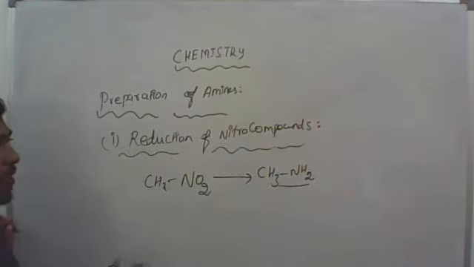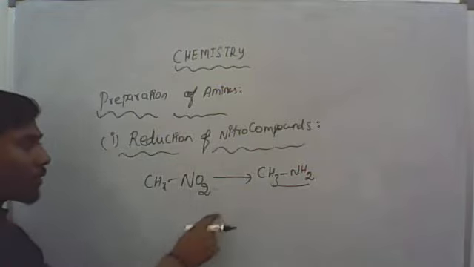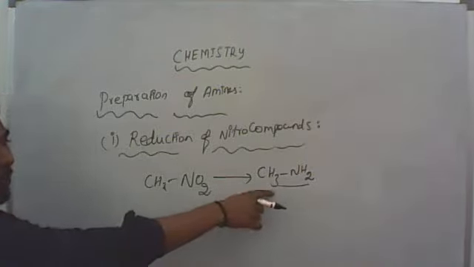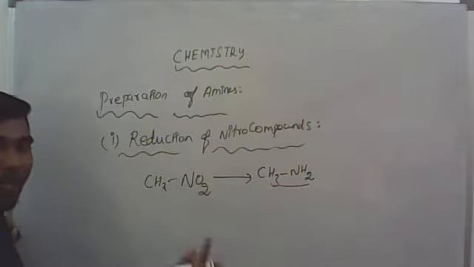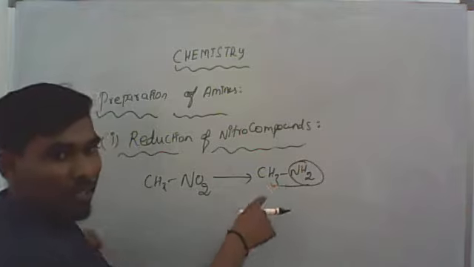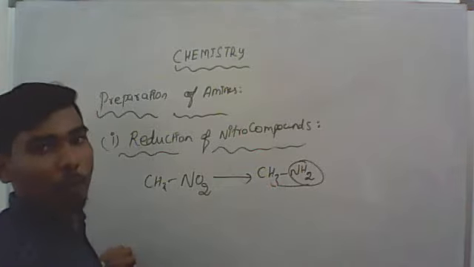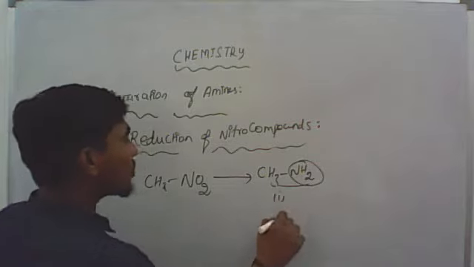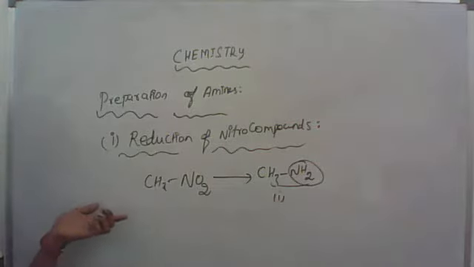This is called reduction of nitro groups. When we reduce the nitro group, we get an amine as the product. What kind of amine? A primary amine. Why? Because out of NH3, one hydrogen is replaced by one alkyl group. So from this method, we can synthesize primary amine.